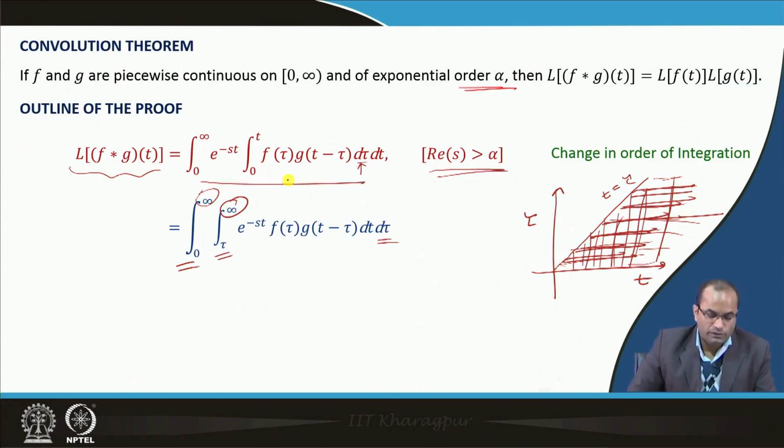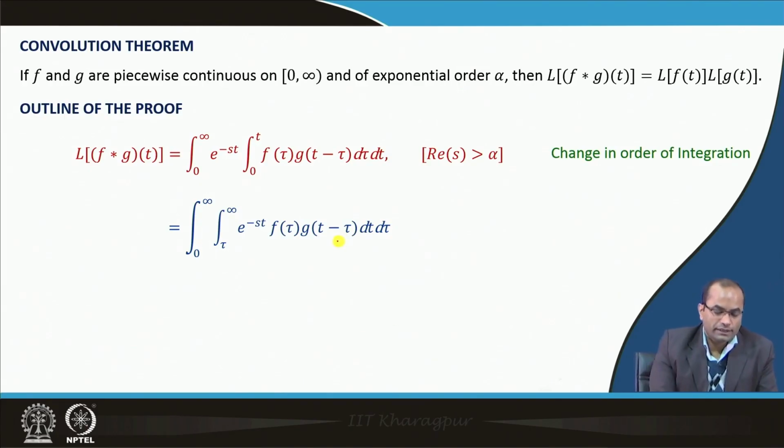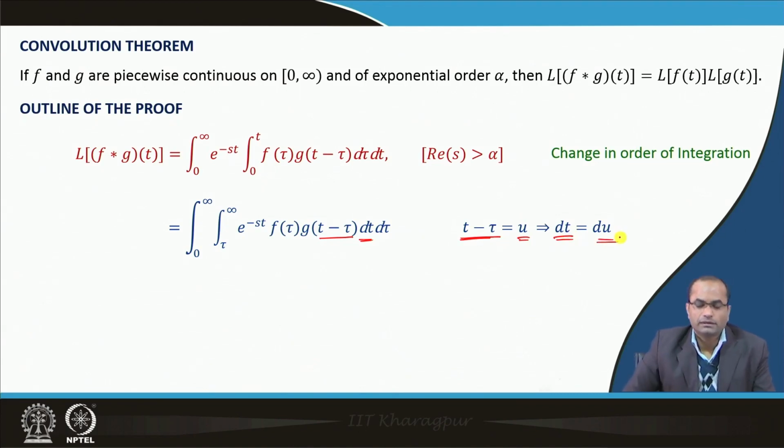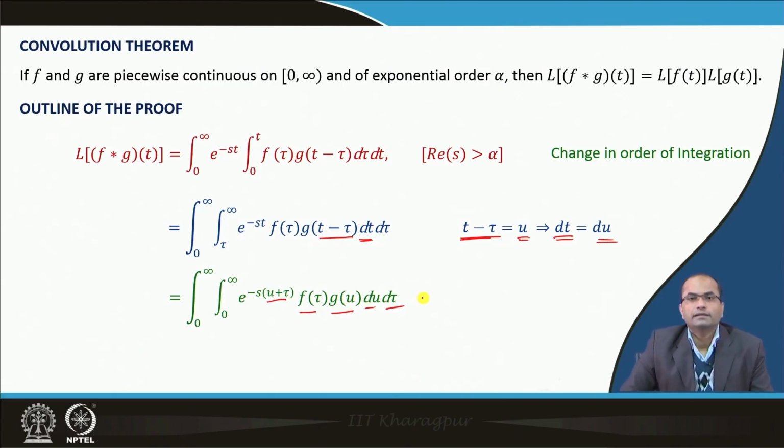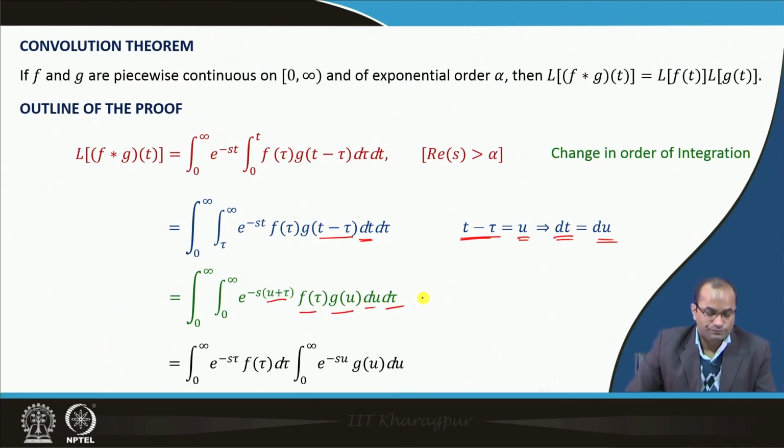So, these are the new limits, and now if we take the substitution t minus tau as u for the inner integral, dt is du, and we have the new integral from 0 to infinity of e power minus s times (u plus tau), and then f of tau, g of u, du and then d tau.